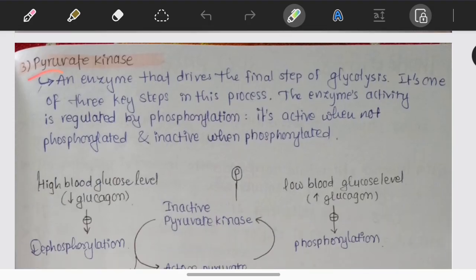And the third one is the pyruvate kinase enzyme, an enzyme that drives the final step of glycolysis. It's one of the 3 key steps in this process. The enzyme's activity is regulated by phosphorylation. It's active when not phosphorylated and inactive when phosphorylated.